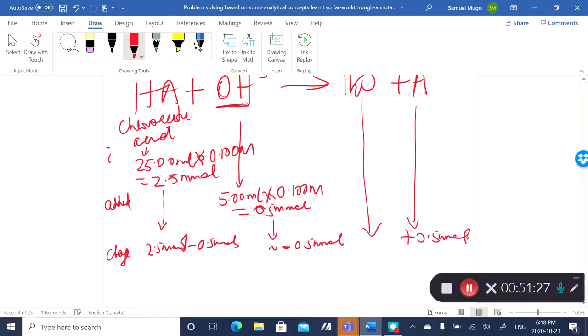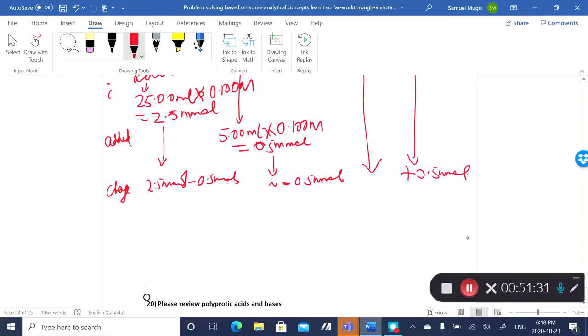Of course, I've made the same amount of water, but I don't care about how much water I've made. And so my equilibrium amounts are going to be 2.0 millimoles of acid, 0.5 minus 0.5, so approximately 0 millimoles of base, and I have 0.5 millimoles of my conjugate base.